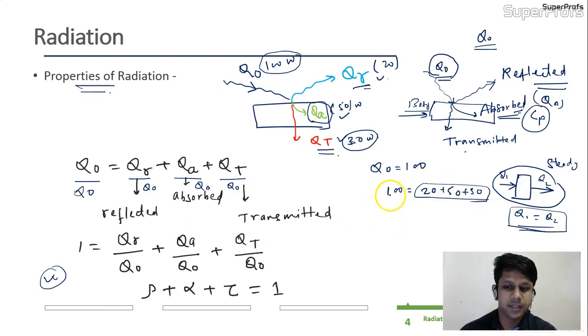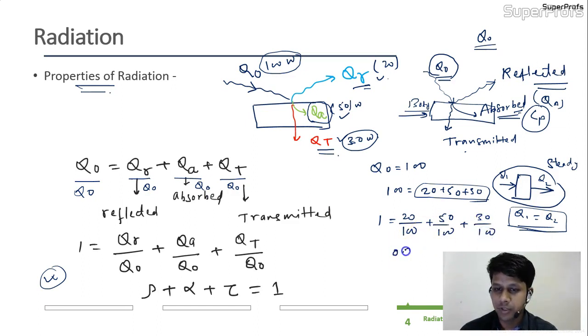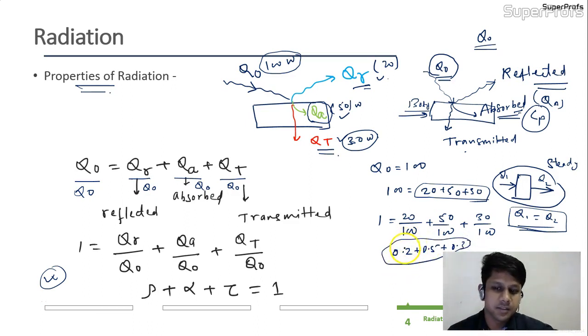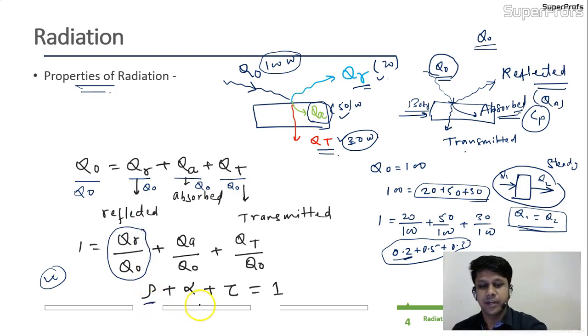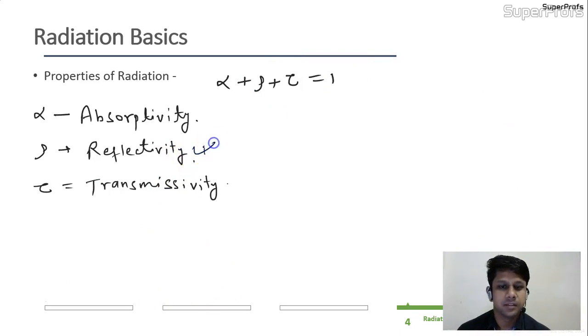Now if we divide with 100 itself, it will become 1. It will become 20 by 100 plus 50 by 100 plus 30 by 100. So this will be 0.2 plus 0.5 plus 0.3. So what is this showing? This is showing the fraction of heat that has been reflected out of the total incident heat. Right? So this QR by Q0 term, which is denoted by rho, is called reflectivity.